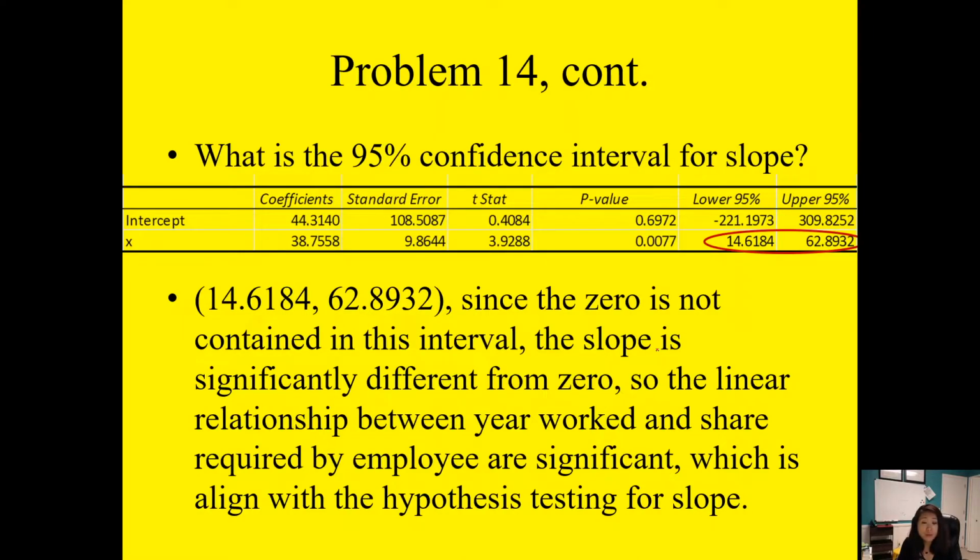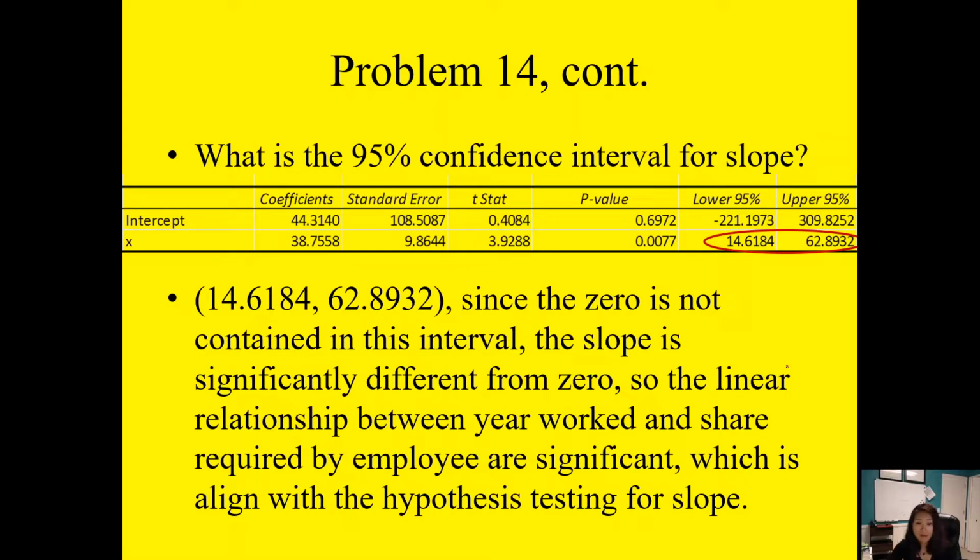The conclusion from these two methods should be exactly the same. If the hypothesis testing finds a significant relationship, your confidence interval for the slope should also find one. You won't find different conclusions. If you do, somewhere you made a mistake.